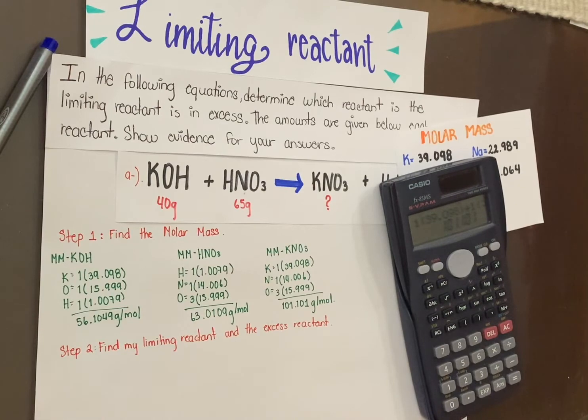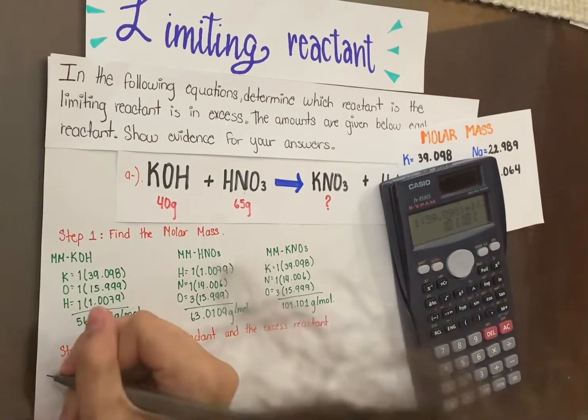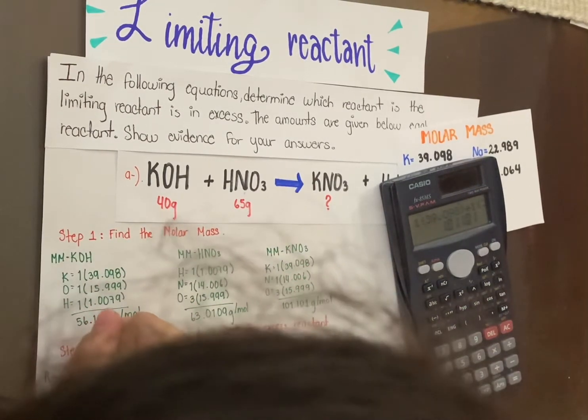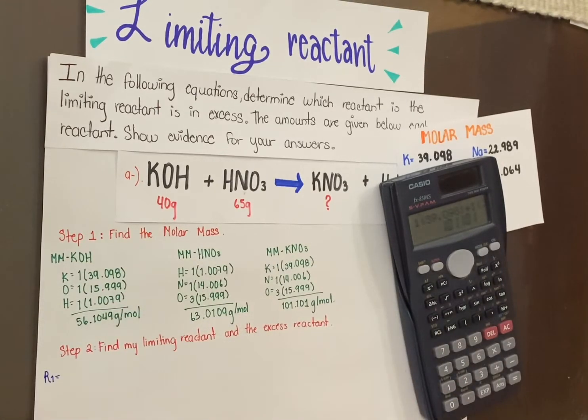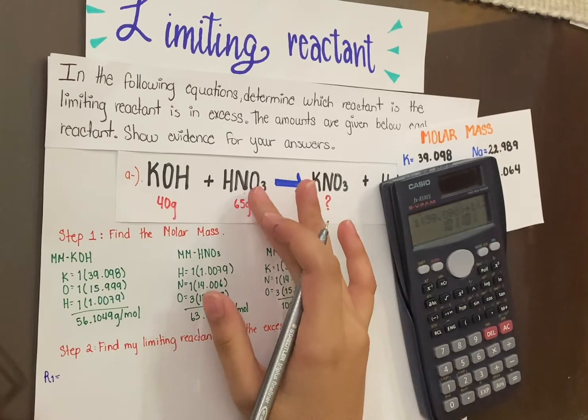For this, first I will divide like my reactant 1, that will be this one, and my reactant 2, that will be this one.